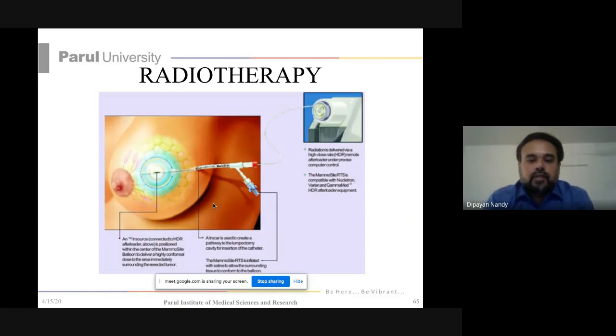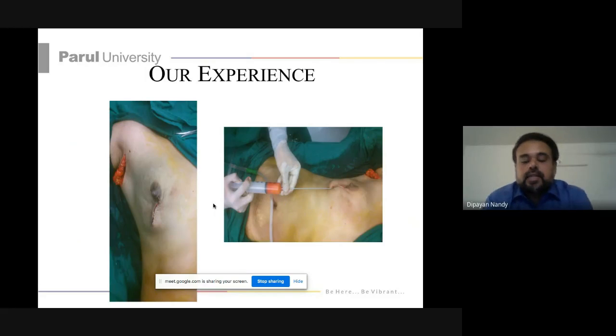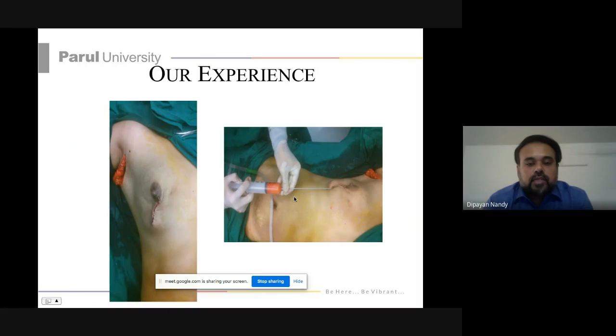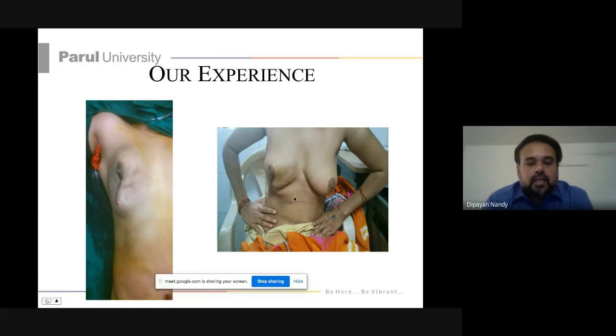Now, as I told you, I would like to show you some of the recent surgeries that we do to help conserve the breast. So this you can see is only the lumpectomy has been done, but of course the breast shape has changed drastically. So what is done is the fat is taken from the abdomen like a liposuction, and then it is injected into the breast. And this is an immediate post-op picture.